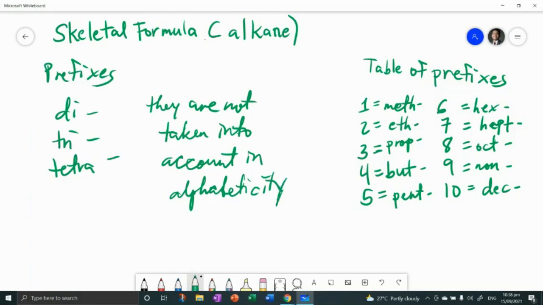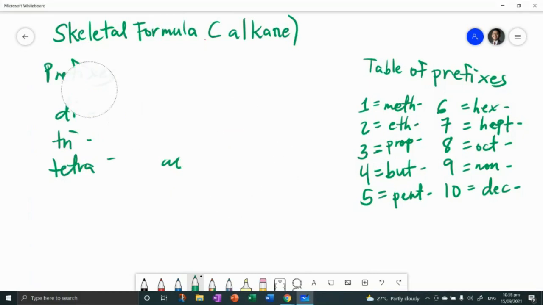So, in terms of that, yun yung tatandaan natin, no? We must observe kung ilan yung present na methyl substituent or ethyl or kung ano man yung klaseng substituent na yun. We must put the proper prefixes para mas ma-determine kung ilan yung substituent na present doon sa mismong skeletal formula na yun.